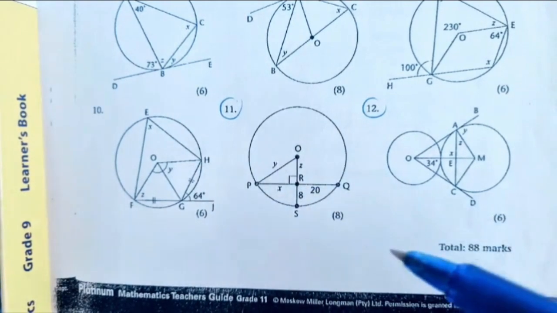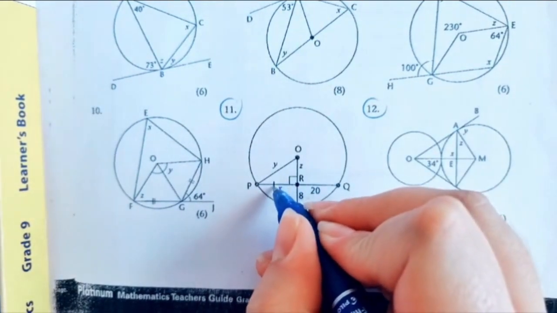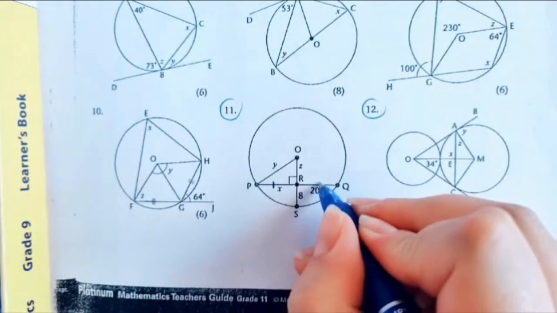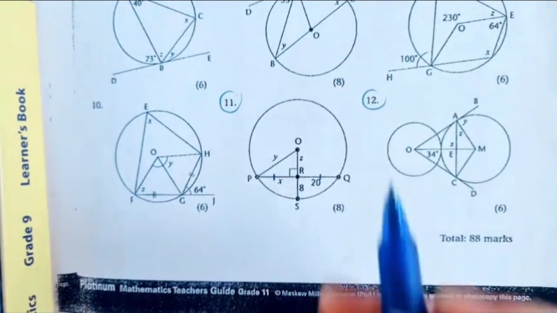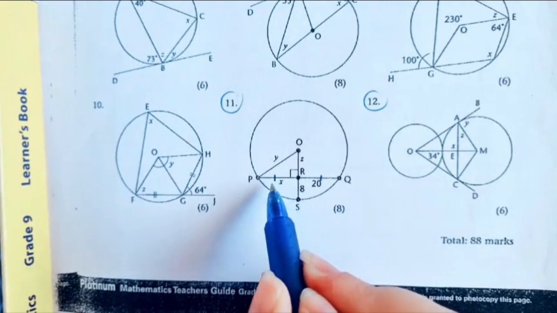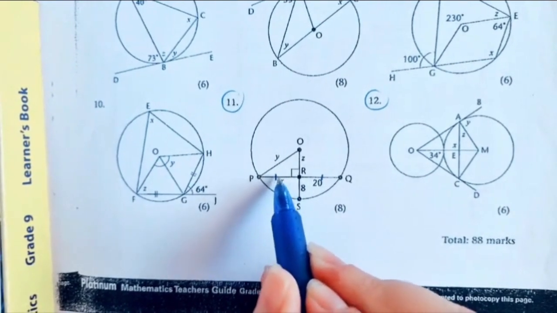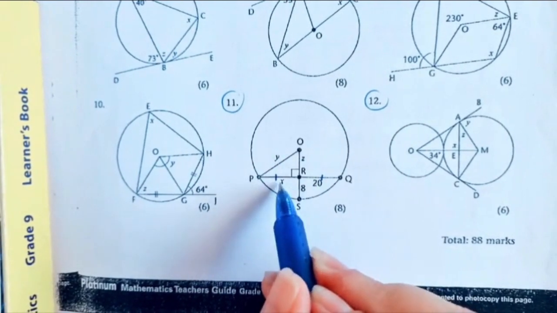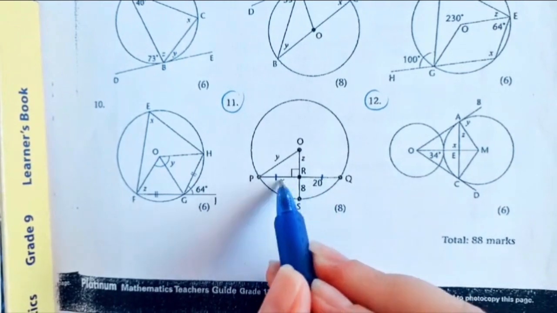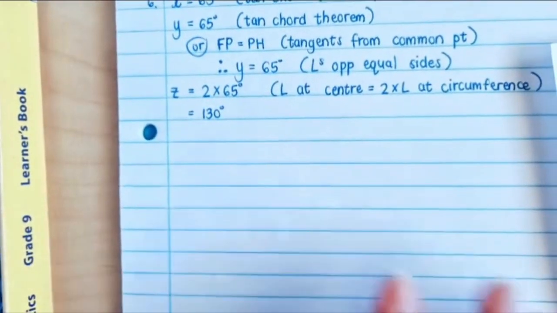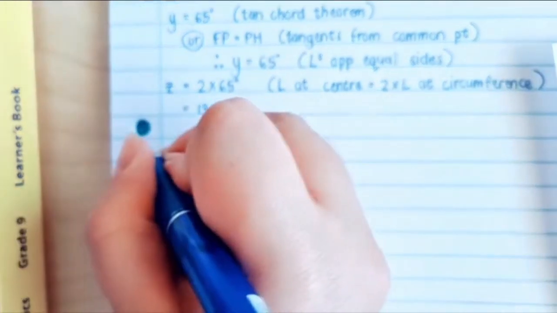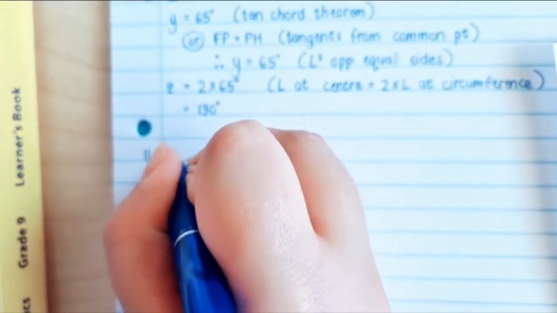It cuts the chord in half. That means that this part, PR, is equal to QR. And good, look, there we have the value of x. If this is 20, we've just said that this part is supposed to be equal to that one. These two parts are equal. So x is 20. All right, there we go. We've already found that answer. So for 11, x is equal to 20.